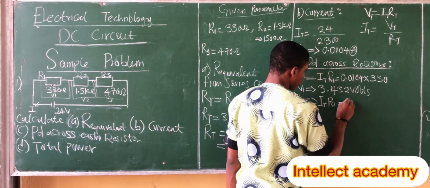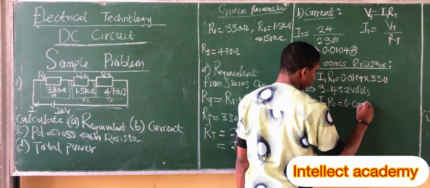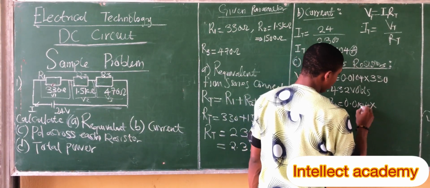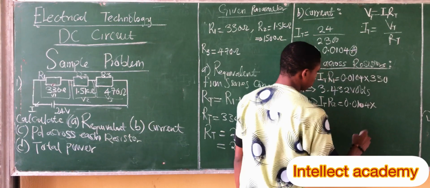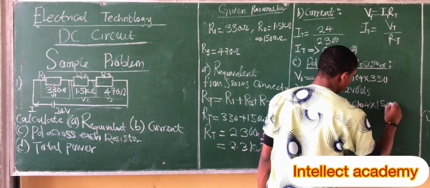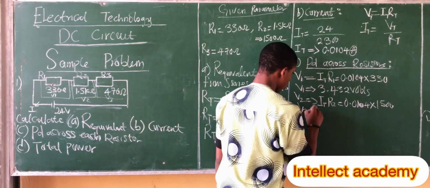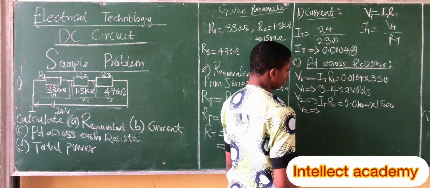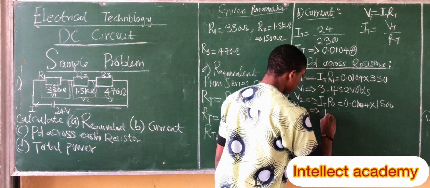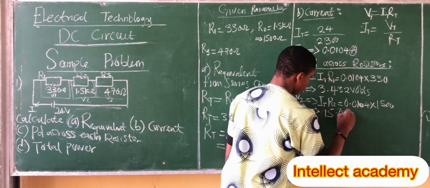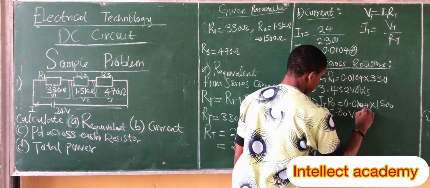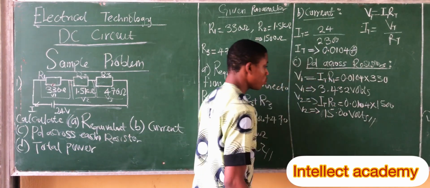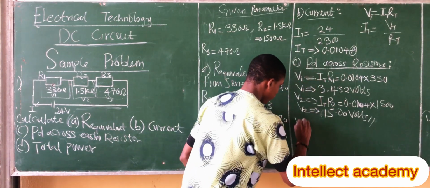Now V2 is equal to I total times R2, which is 0.0104 multiplied by 1500. When you punch this, we have 15.00 volts. Now what will be the value for V3?